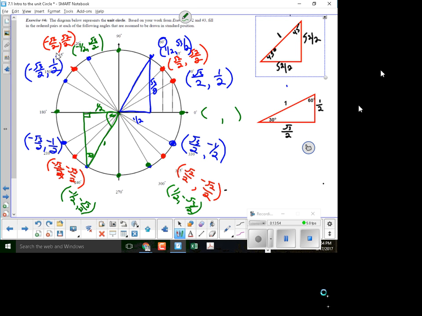How long is this line if it's on a unit circle? The radius is 1, right? So this length right here is 1. So the x-coordinate is this length, so it's going to be 1, and the y-coordinate is 0. Same thing. Remember, this is a circle, and it's got a radius of 1. So that means this is a radius, so that length has got to be 1.